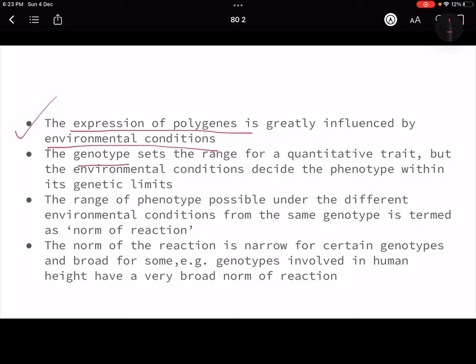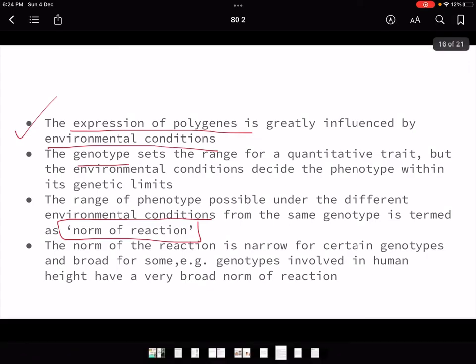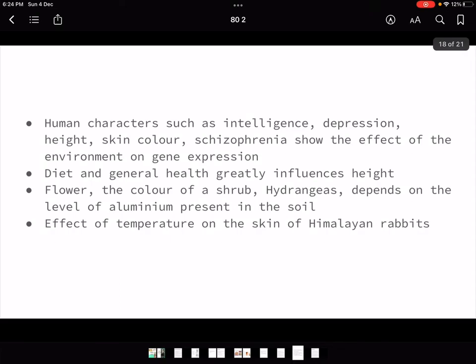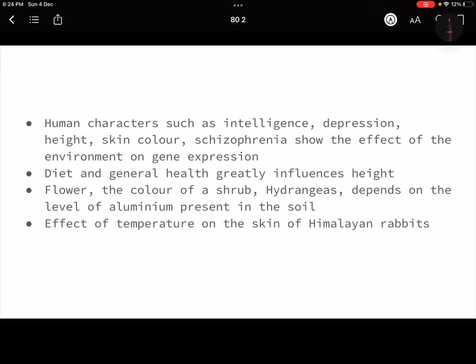The genotype sets the range, which we were talking about as the norm of reaction, and in that range, what you actually attain has also to do with the environmental influence, right? So that we had talked about. And all those complex traits like intelligence, depression, schizophrenia, skin color, height are polygenic traits, and they have an environmental component as well.